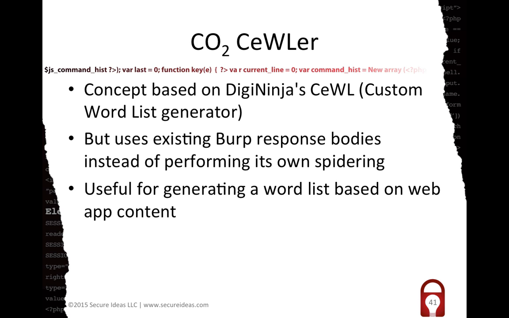What the CO2 version does is take your responses from content that you've already looked at while doing your web pen test and send them straight over to Cooler. So you don't have to re-spider anything. Then it'll generate the list directly within Burp, and you can send it over to Intruder.